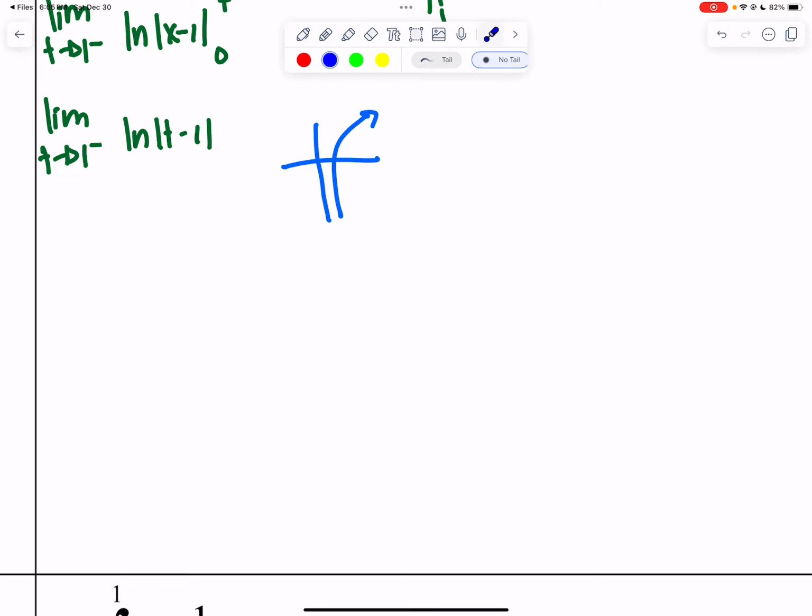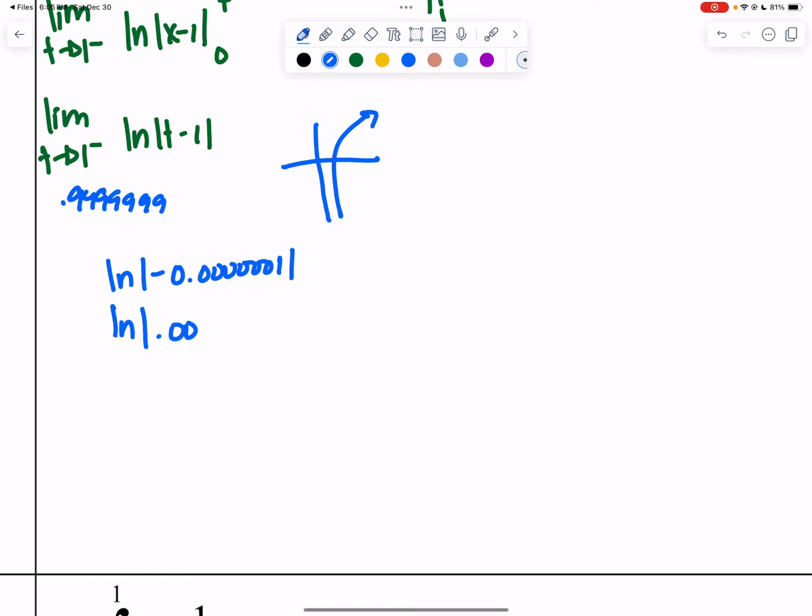And if I were to plug in something from the left, let's say I pick 0.999999999, then I'm going to have ln of negative 0.00000001. You get the idea. And this is essentially the positive value of that.